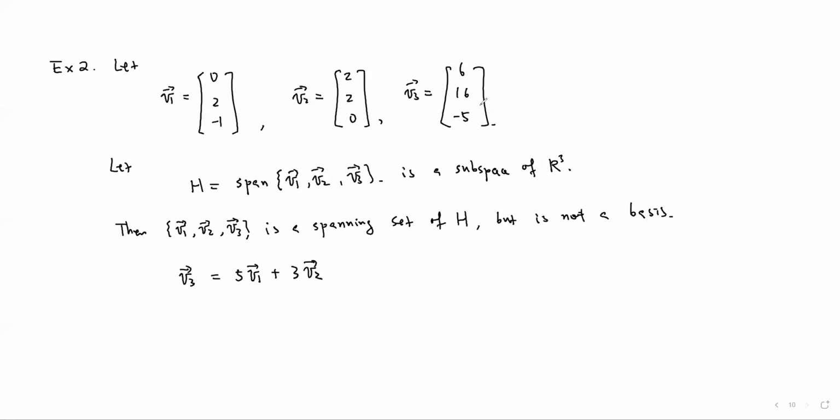That means the third vector can be spanned by the first 2 vectors. Easy to verify this. So therefore, I can drop V3 from the spanning set. H is spanned by V1, V2, and V3, but V3 is spanned by V1 and V2. So I can drop V3.